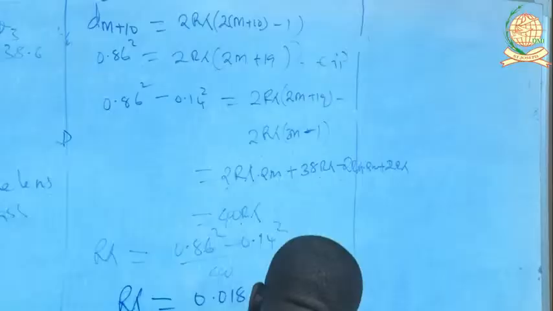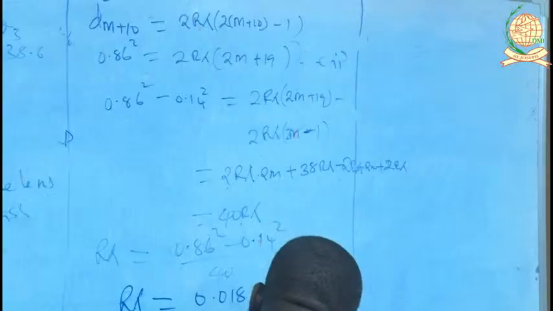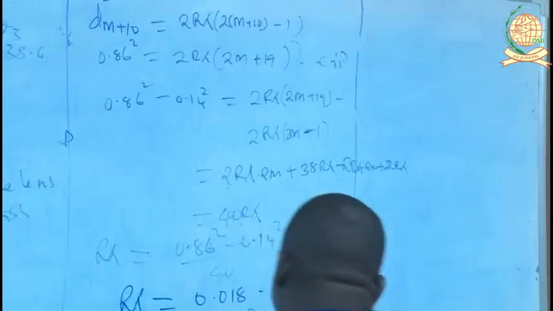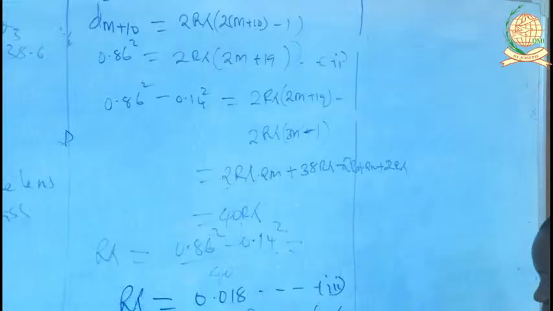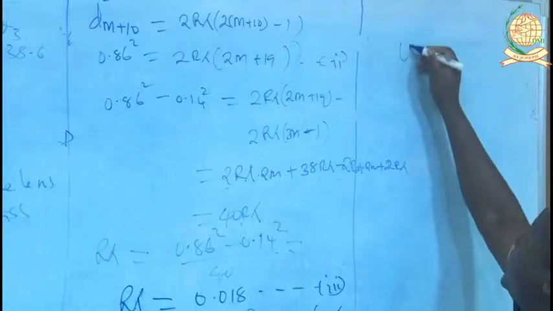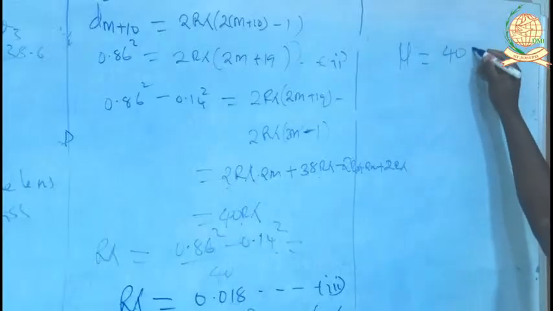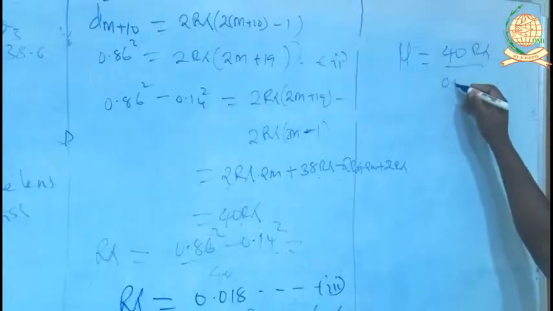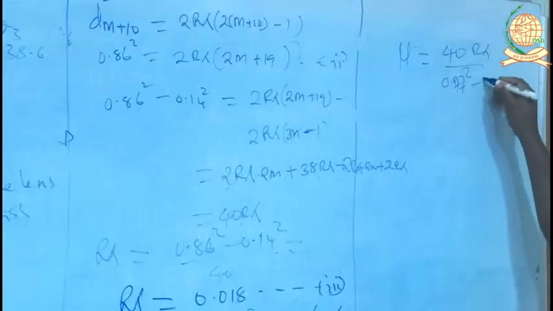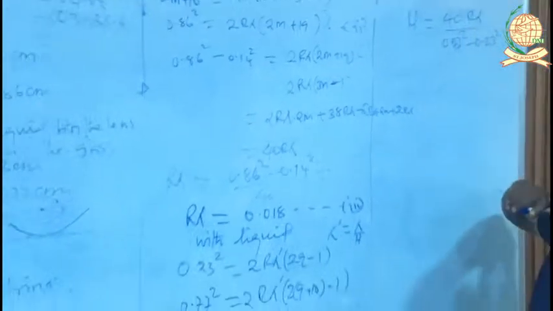r lambda over refractive index. So if you want to make refractive index the subject, this will be equal to 40 r lambda divided by 0.77 square minus 0.23 square.